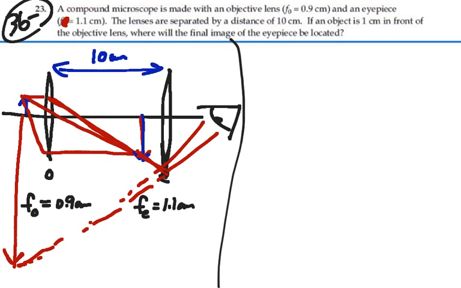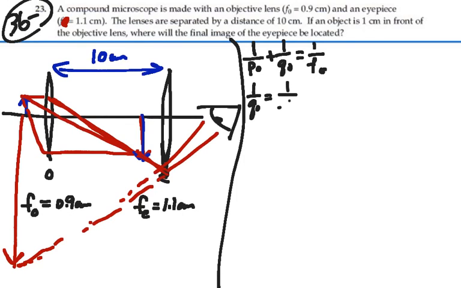We wish to apply the thin lens formula for each of these lenses. So let's look at the objective. 1 over the object distance for the objective, plus 1 over the image distance for the objective is equal to 1 over the focal length of the objective. So 1 over the image distance for the objective will be 1 over the focal length, which is 0.9, minus 1 over the object distance, which is 1.